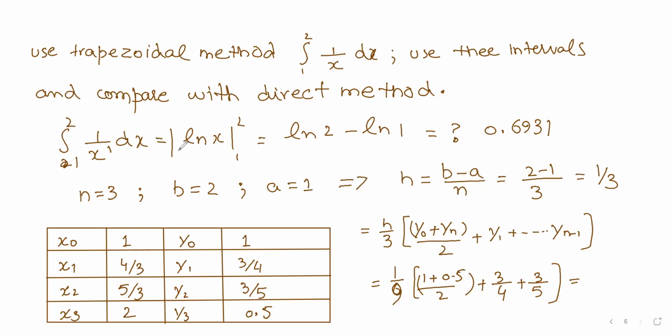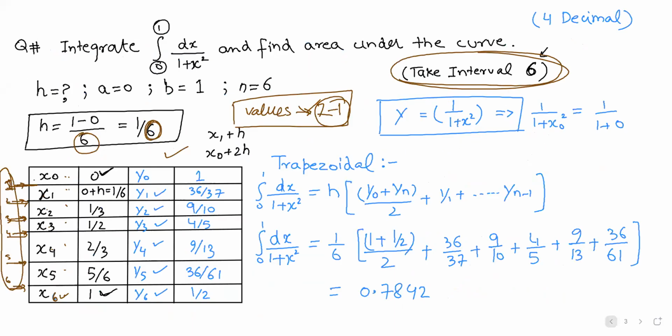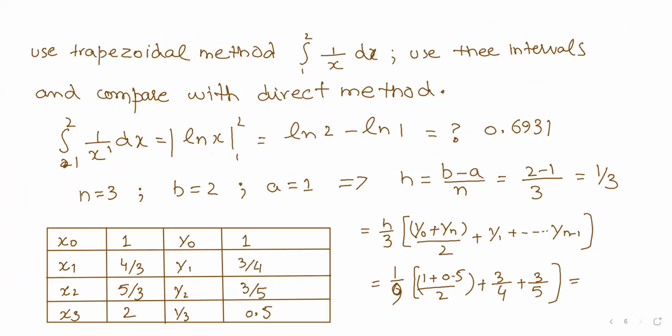I think there is no h by 3 in trapezoidal, that is for Simpson's 1 by 3. Okay, wait. Oh yes, it is h only. There is not 3, it is h only.